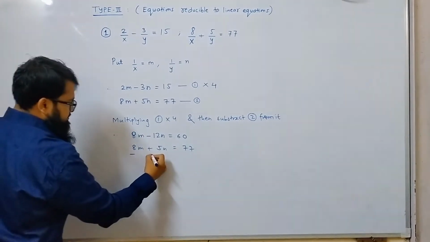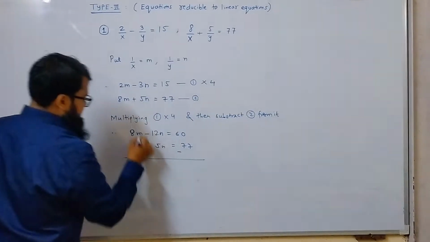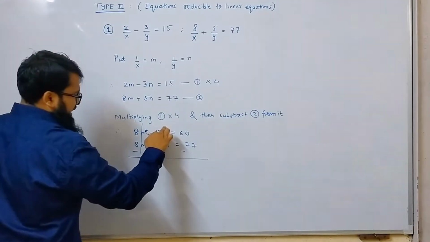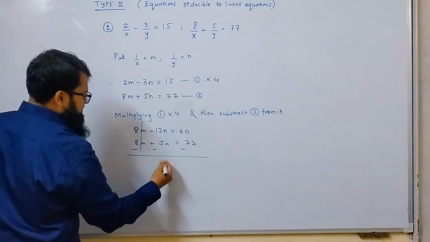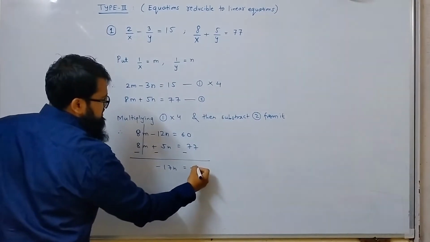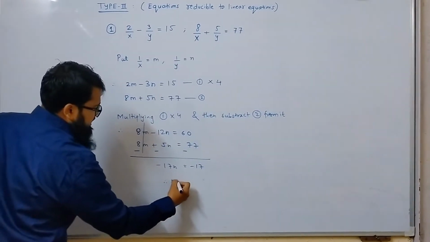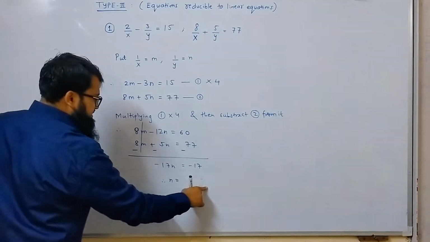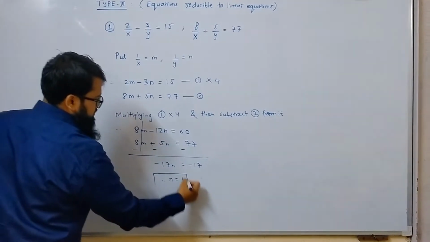And you subtract them. This gets cancelled out. Minus 12n minus 5n will become minus 17n, and this becomes 60 minus 77, which is minus 17. Therefore, n equals minus 17 by minus 17, which is equal to 1. You got n.